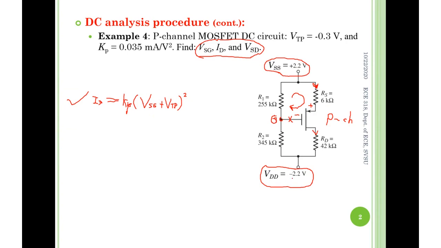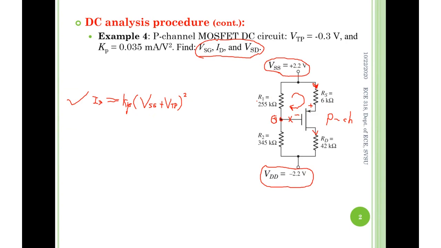It doesn't matter, but we definitely need this voltage. Of course, inside this loop KVL, the voltage we need is not VG, but the voltage across R1. Does it make sense? That's another story, but that voltage still relies on the voltage at the gate. So you have to find the voltage at the gate. A volt divider is necessary.